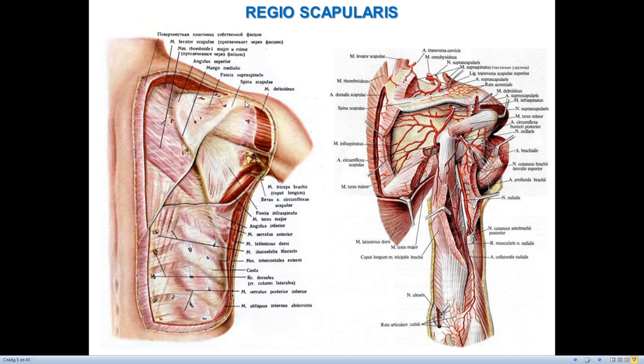Between the muscle and the floor of the supraspinous fossa, in a small amount of adipose tissue, are present the suprascapular artery, suprascapular nerve and suprascapular vein.